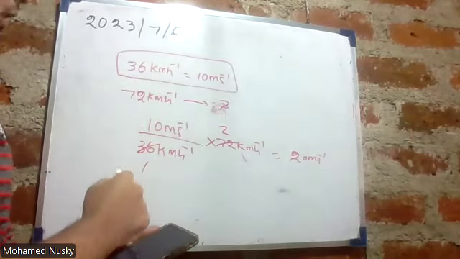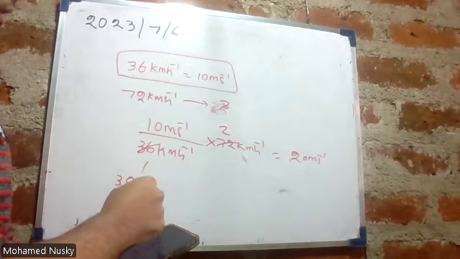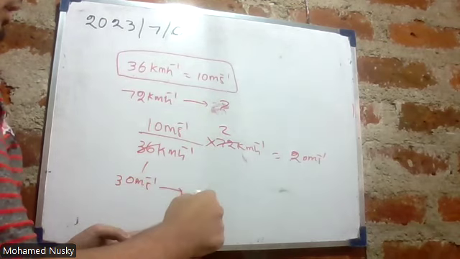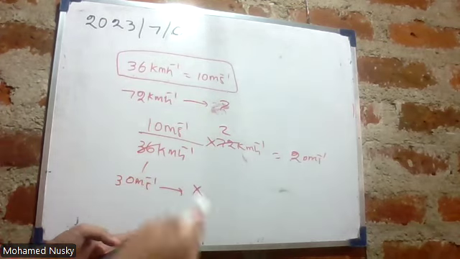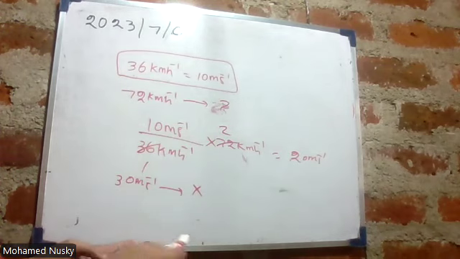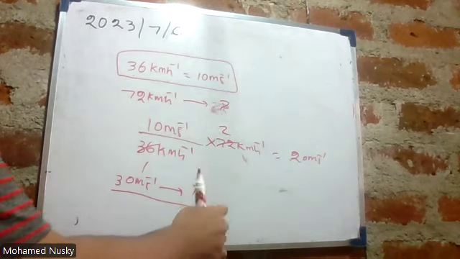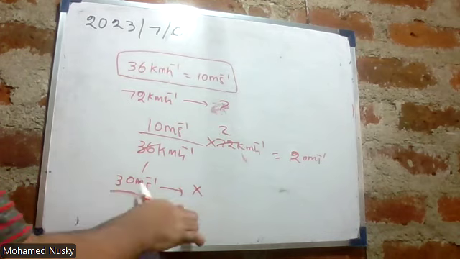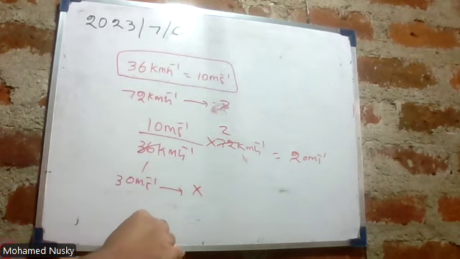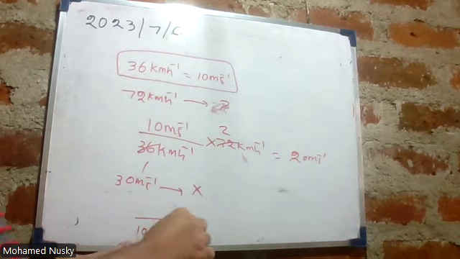Now, if they give something in meter per second and they have told to find it in kilometers per hour, just I'm saying this type of conversion will be in mathematics, just for your knowledge. Here, for 10 meter per second, it is 36 kilometer per hour.